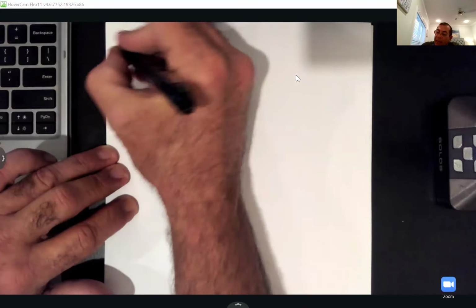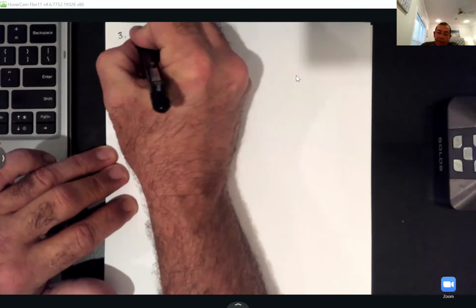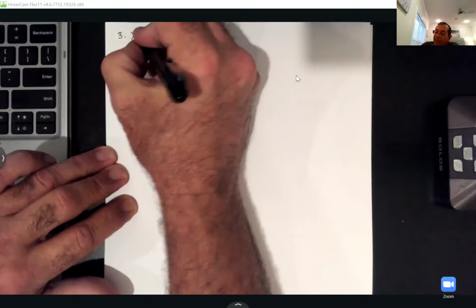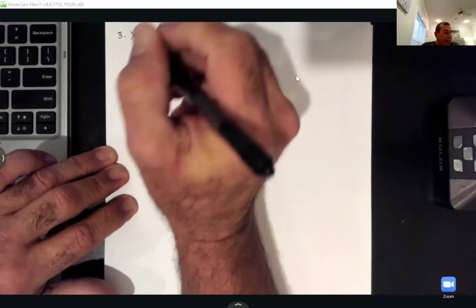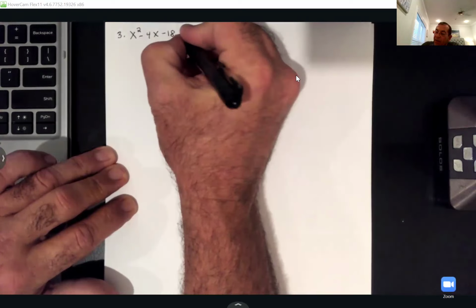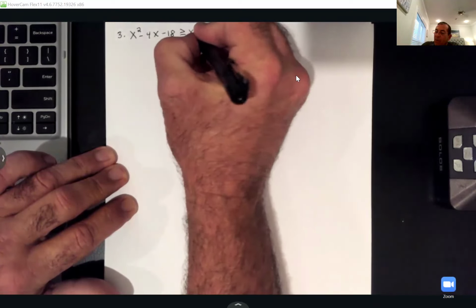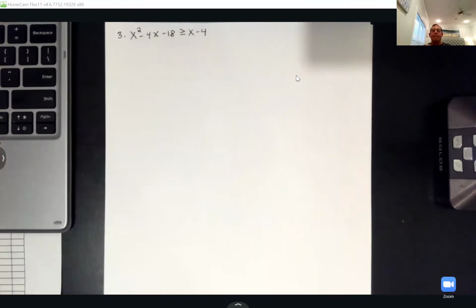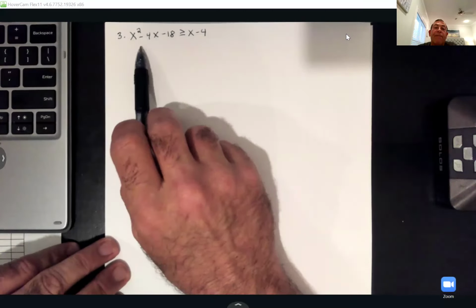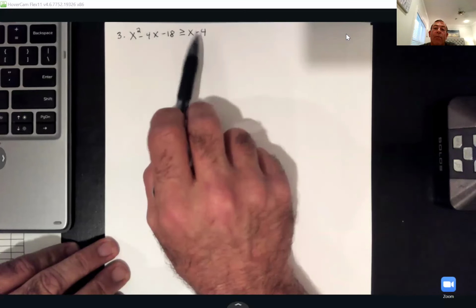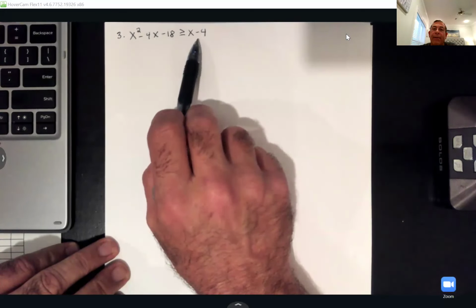So at 3, they give me x squared minus 4x minus 18 is greater than or equal to x minus 4. So y'all, the first issue is, before I try to factor it, I need a 0 over here. So that means both of these got to move.